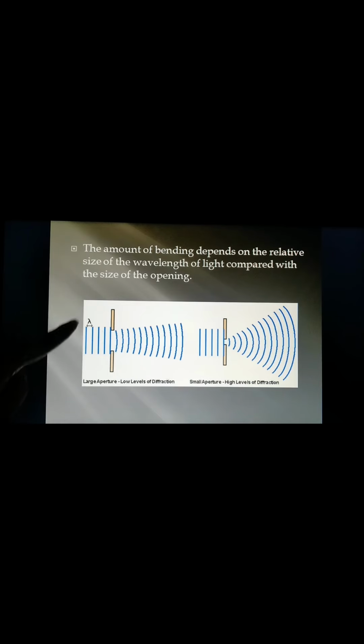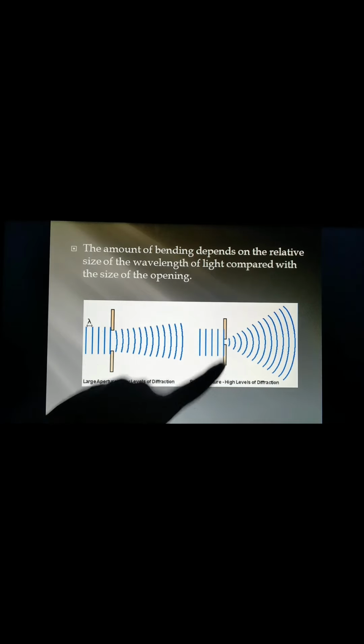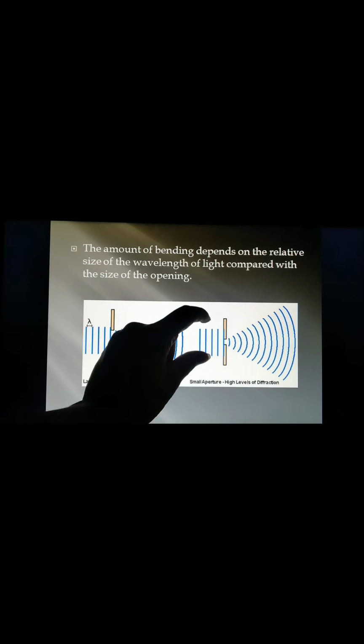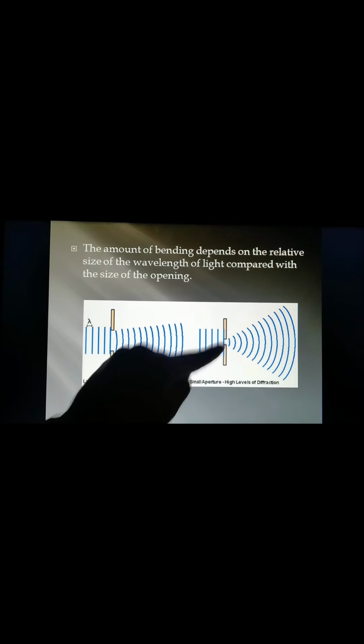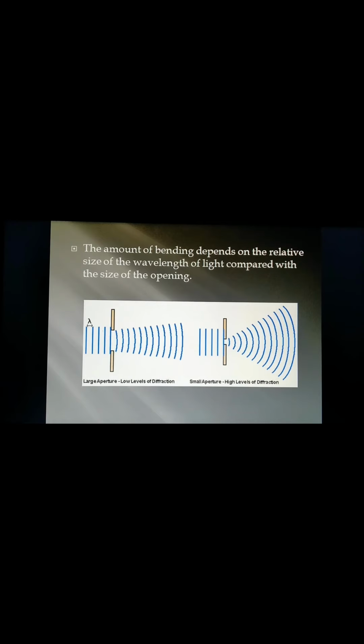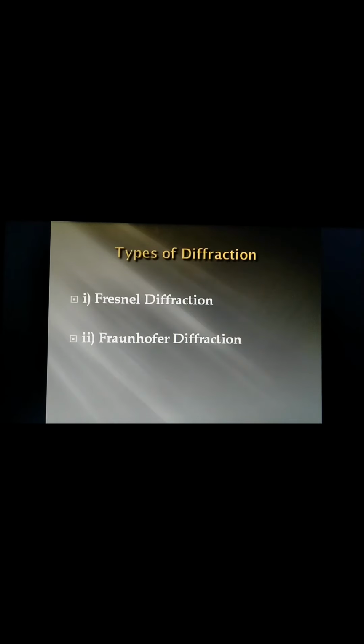So when lambda is nearly equal to d, then hardly any diffraction pattern can be seen. And whenever lambda is much greater than the slit width, see here the plane wavefront is there and lambda is much greater than the slit width d. So here high levels of diffraction can form. Whenever lambda is much greater than d, only then can the diffraction pattern be strongly seen. So now coming to the next slide.